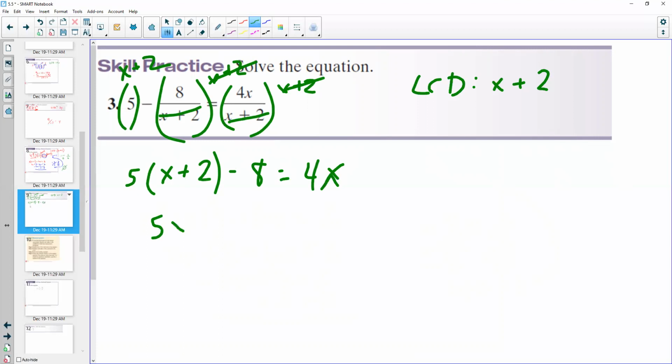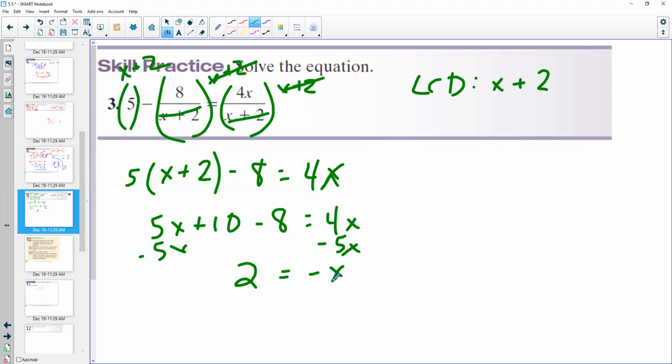Distribute: 5x plus 10 minus 8 equals 4x. Let's see, minus 5x. I'm going to combine those two. So over here I get 2 equals -x, which means -2 equals x.